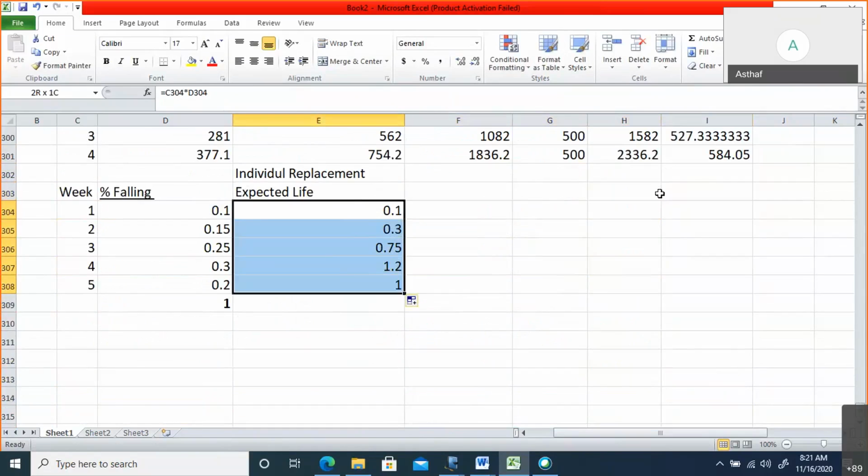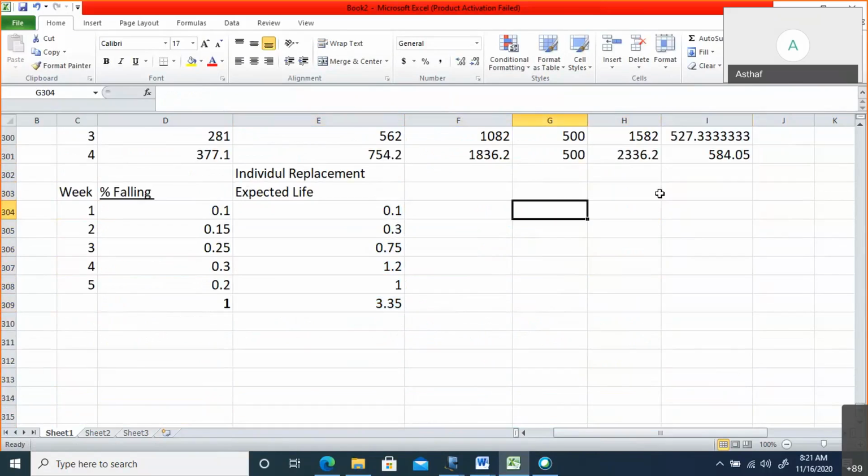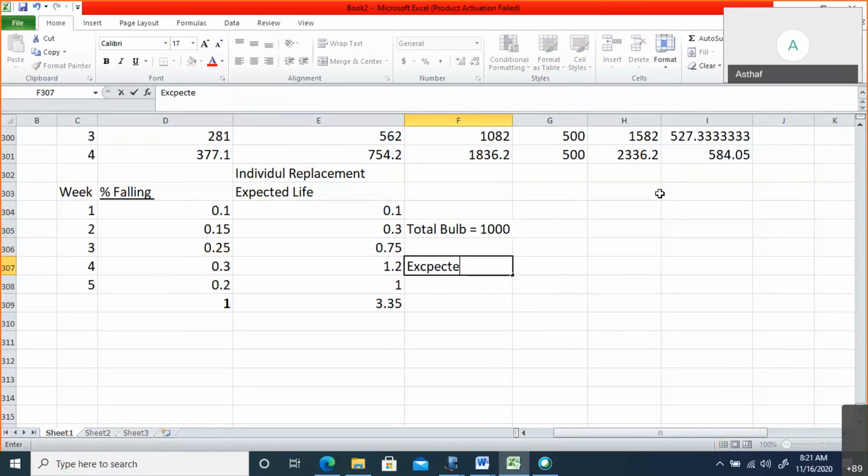We just take the total. So first, only 2 steps. What is the total bulb? Total bulb is 1000. What is the expected life? Expected life is 3.35 weeks. So what is the average life per week?